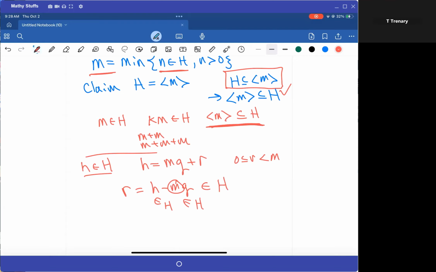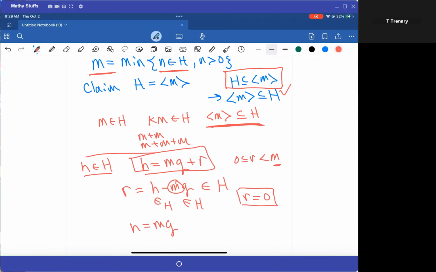But now we've got an element of H that is less than M, and the only thing that could possibly be is R being 0. So now if R equals 0, come back to this equation up here. We see that H must equal MQ.